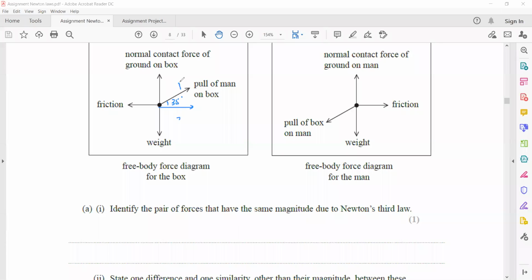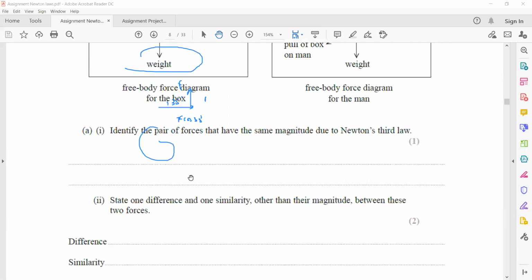If this force is F, then the horizontal component is F cos 35, and the vertical component is F sin 35. F sin 35 is acting up, the normal contact force is acting up, and the weight is acting down. F cos 35 will be equal to the frictional force.